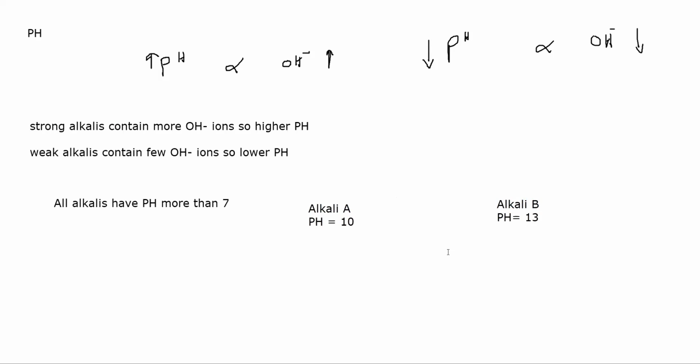Alkali B. Alkali B is stronger because of the higher pH. So this is a strong alkali, and pH 10 means it will be a weak alkali. So for alkalis, the alkali which has a higher pH will be stronger as compared to the alkali which has a lower pH.